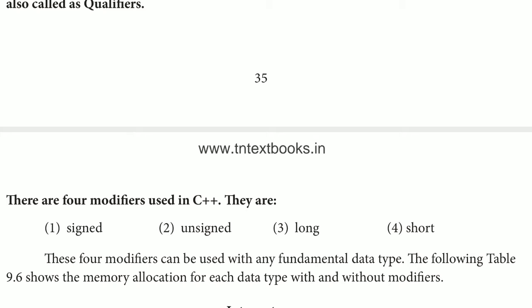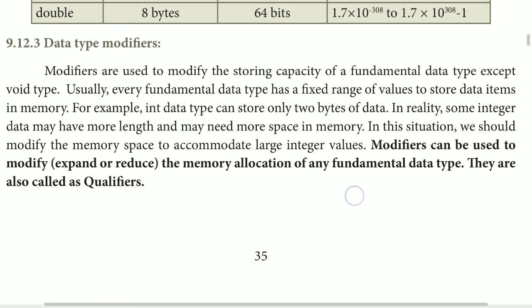As a career-based topic this is very important, but from an exam point of view it is not necessary, so please read it. Modifiers are used to modify the storage capacity of the fundamental data types except void type. Void type cannot be used with any modifier.